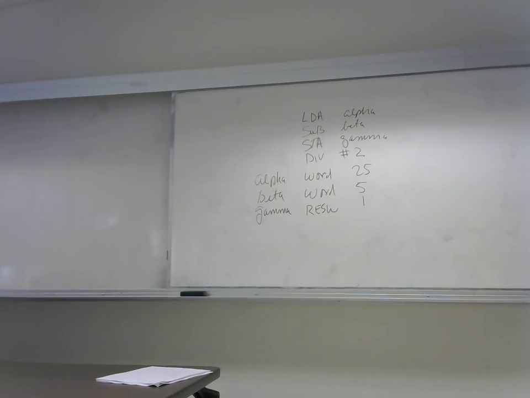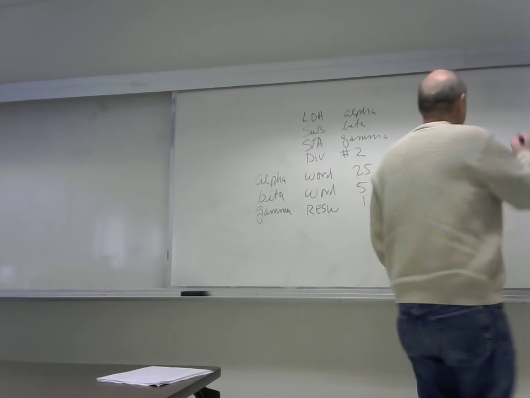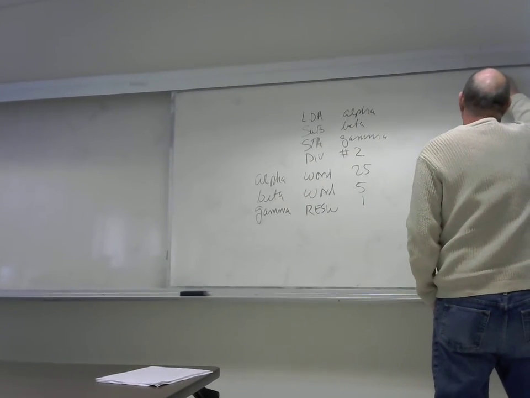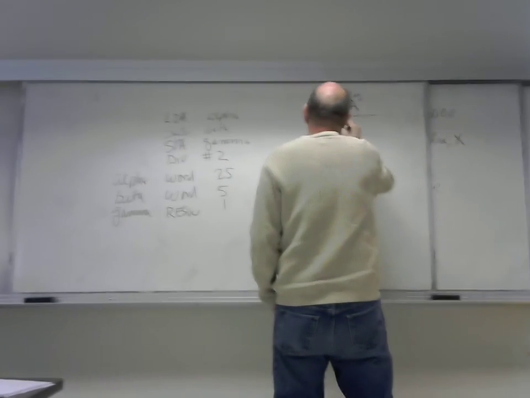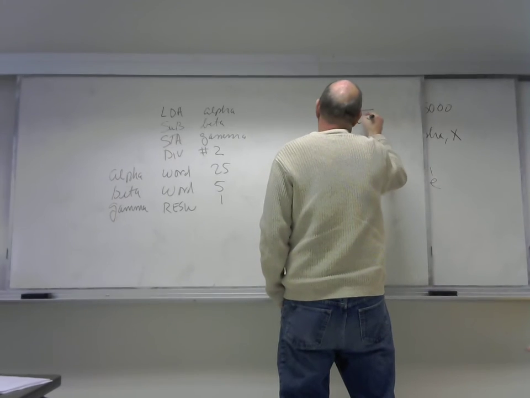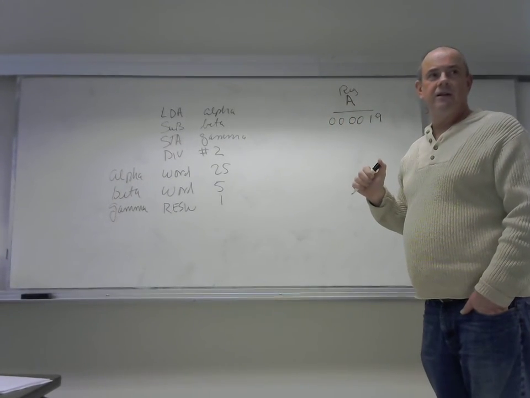Is this a hard question? I hope not. Shall we do it? Yes. All right, the first instruction, LDA alpha. That loads into register A the word in alpha. So far, so good?